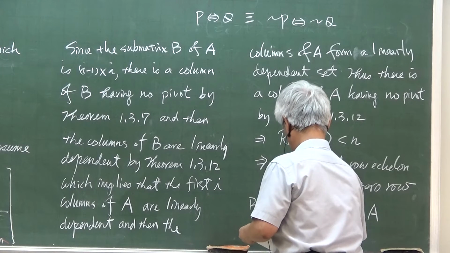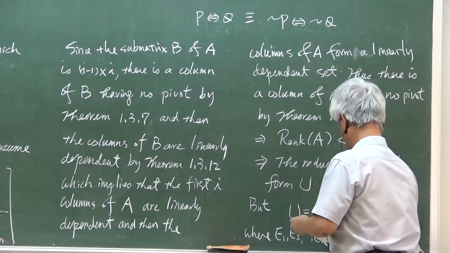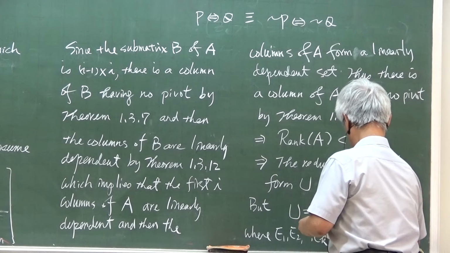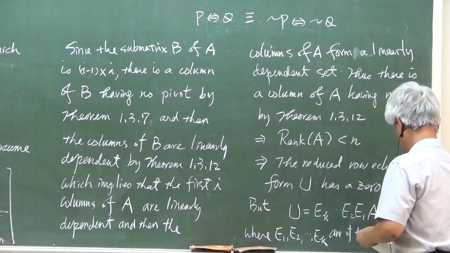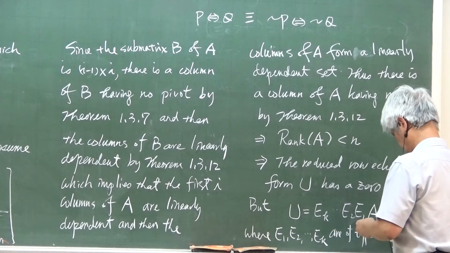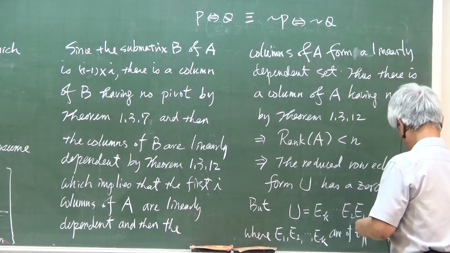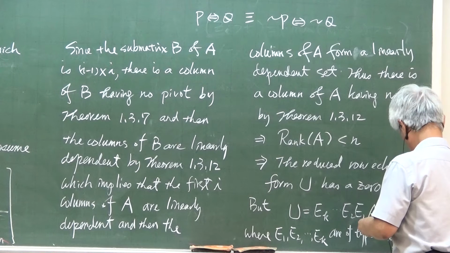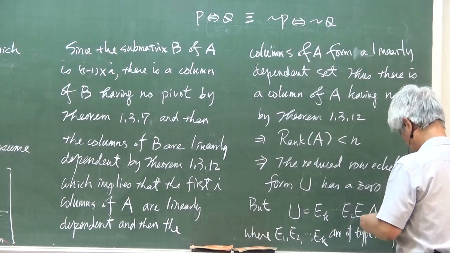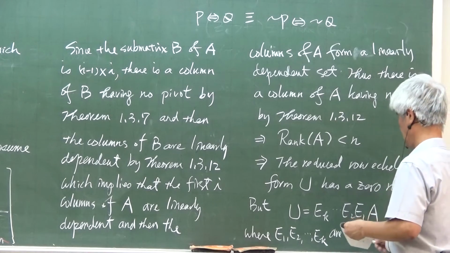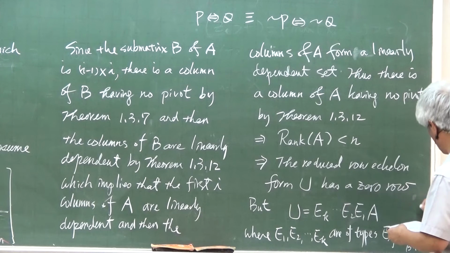E1, E2 up to Ek are of types Eij(alpha), or Si(beta) with beta not equal to 0, or Pij.